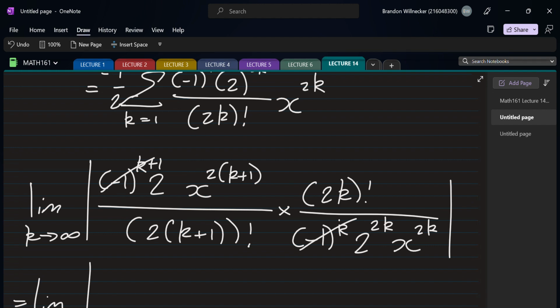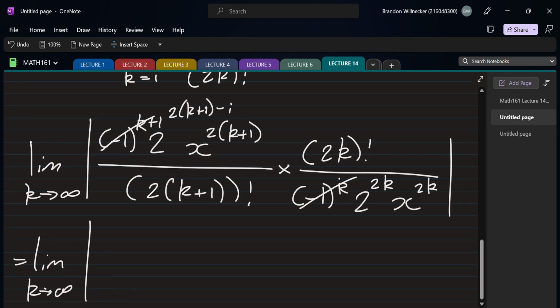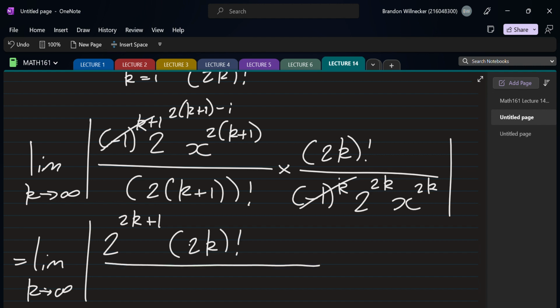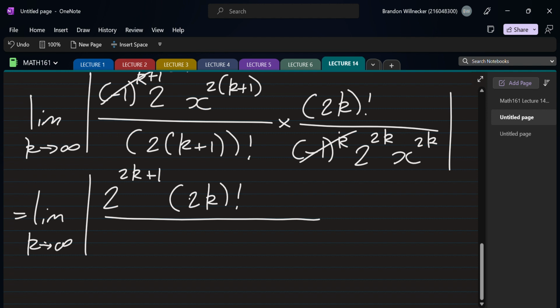At the top here, that is 2 to the 2k plus 1 minus 1. Okay, so we can separate that out. So that's 2 to the 2k plus 2 minus 1, so plus 1. And then 2k factorial, we can leave that alone. Okay, and then in the bottom, we have 2k plus 2 factorial.